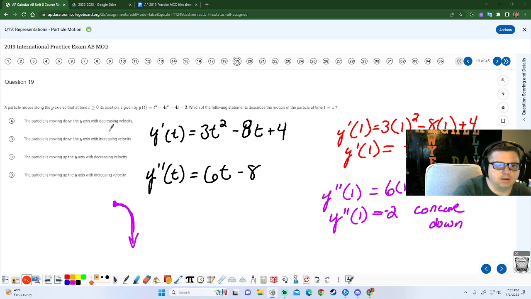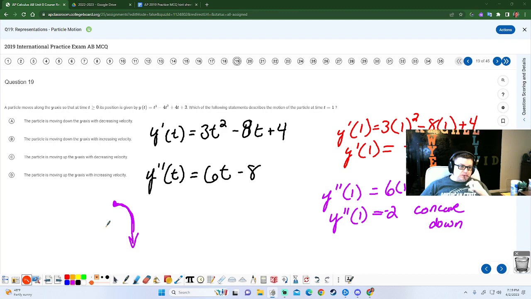So we're moving down at a decreasing velocity, moving down at an increasing velocity, moving up at a decreasing velocity, moving down at an increasing velocity. So we are going to say the particle is moving down the y-axis at a decreasing velocity.